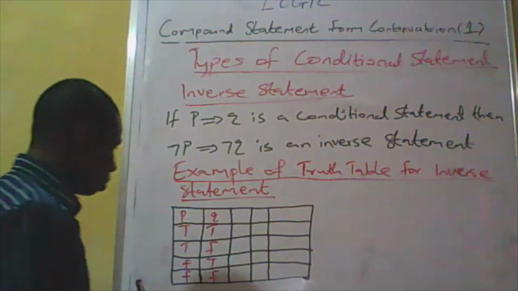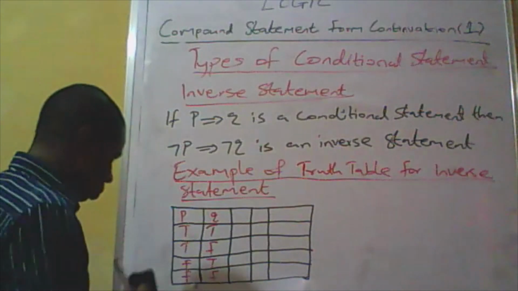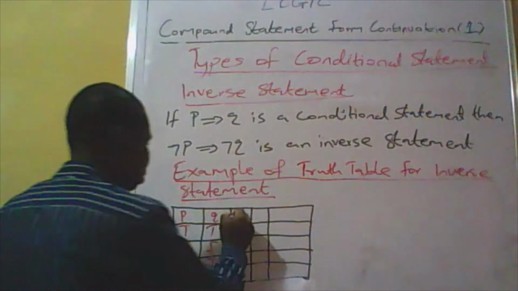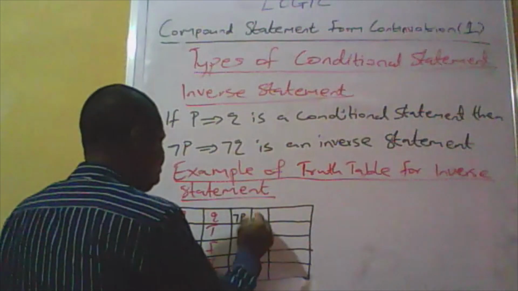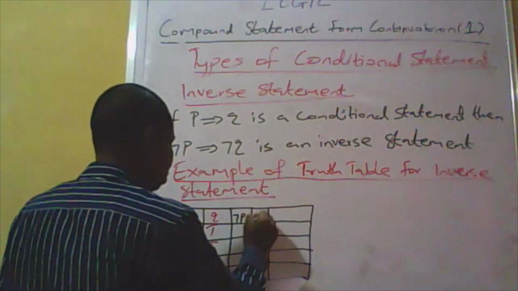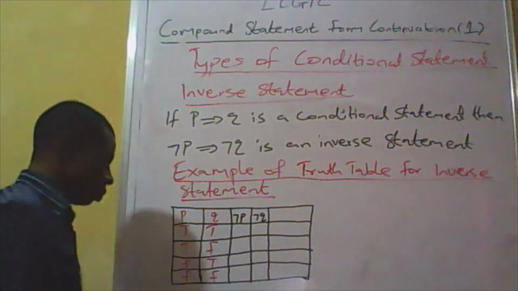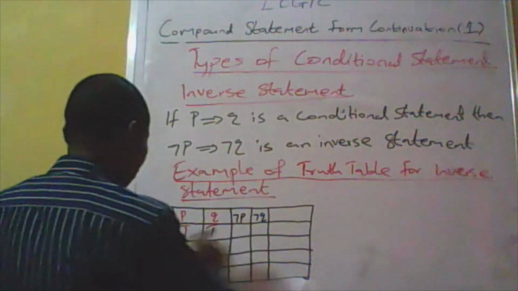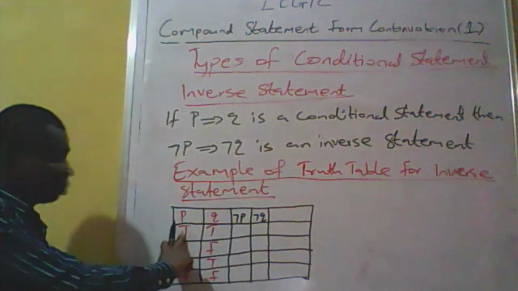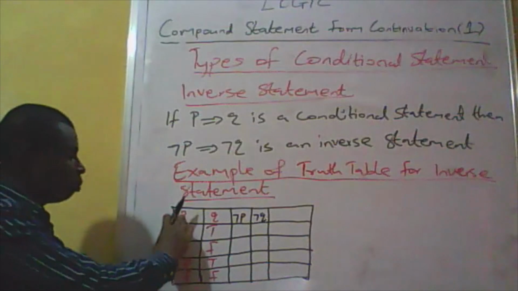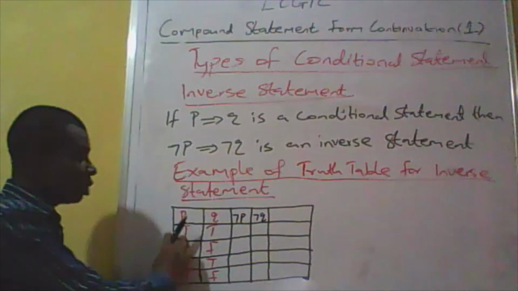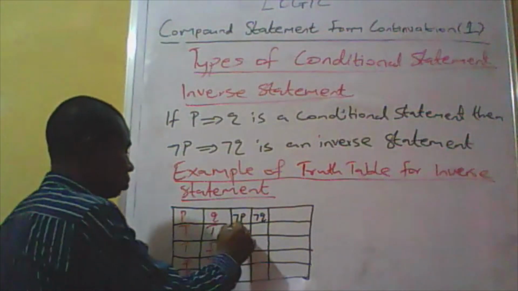We call this one not P, this one not Q. Under it we have P is T here, that means here it will be false.